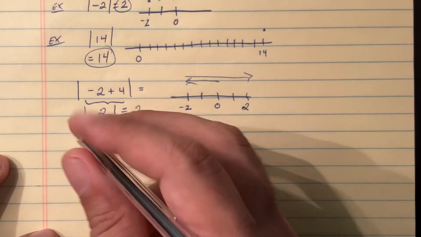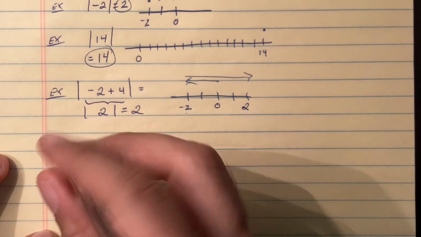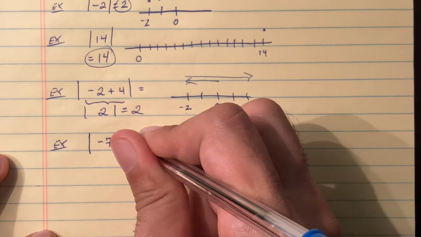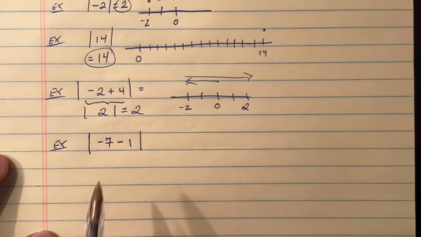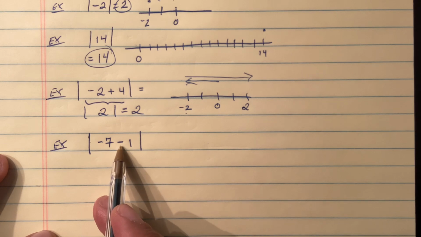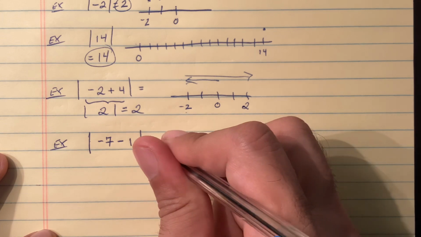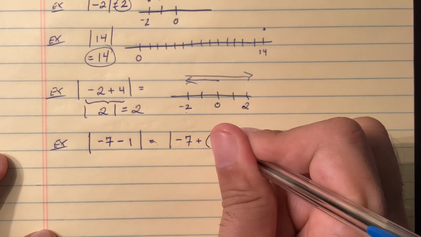All right, let's do one more. Let's take the absolute value of -7 minus 1. Let's be careful. We're starting off with a subtraction problem, but reminder from the previous video that subtraction just means we're adding the opposite.